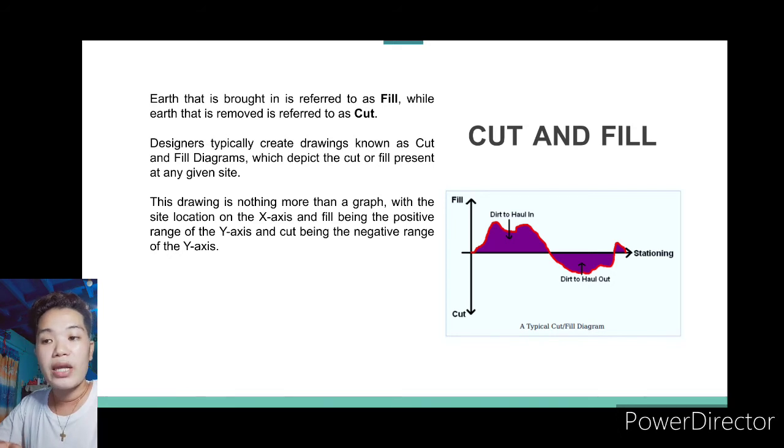Designers typically create drawings known as cut and fill diagrams, which depict the cut or fill present at any given site. This drawing is nothing more than a graph, with the site location on the x-axis, and fill being the positive range of the y-axis, and cut being the negative range of the y-axis.